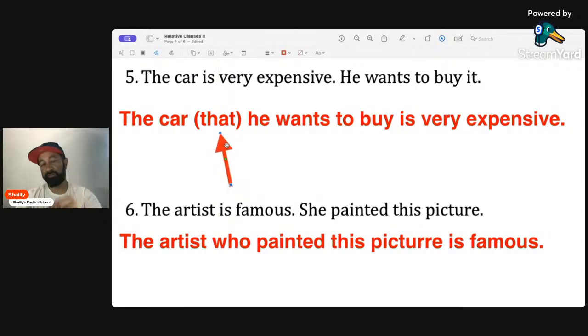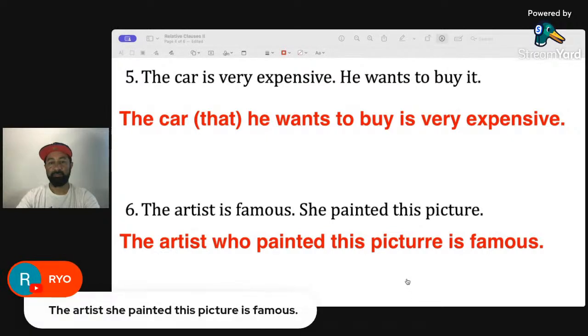It's your choice. Here, the artist who painted this picture. I think you just made a typo. It's not the she, but who.